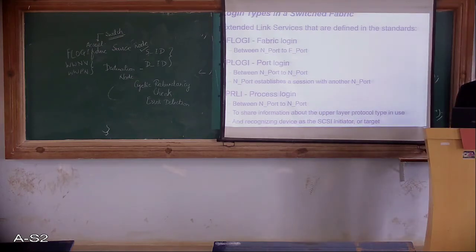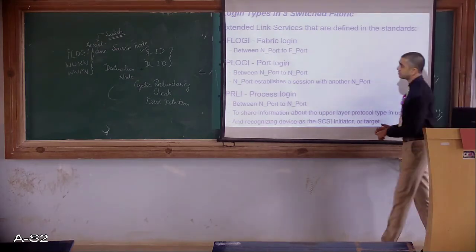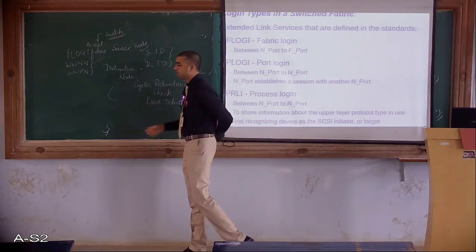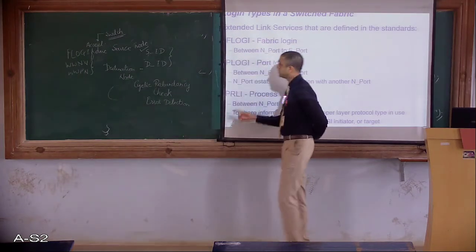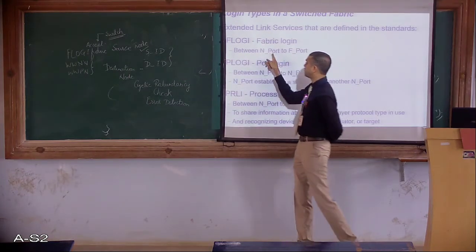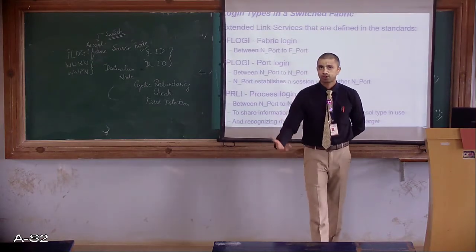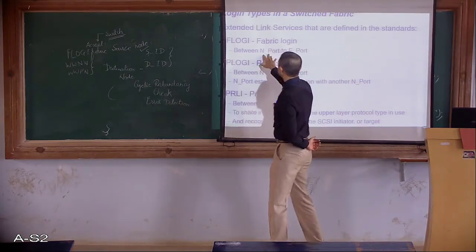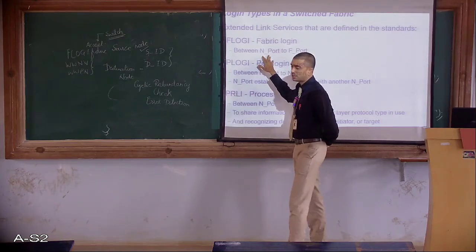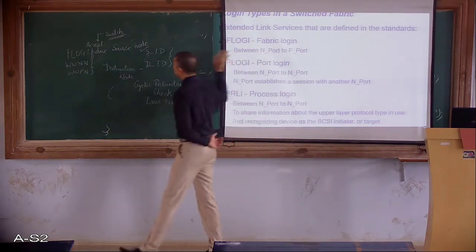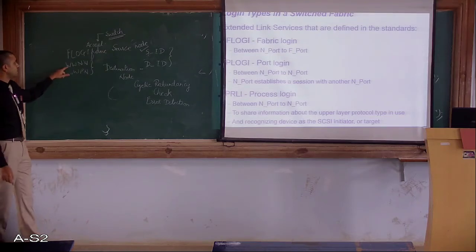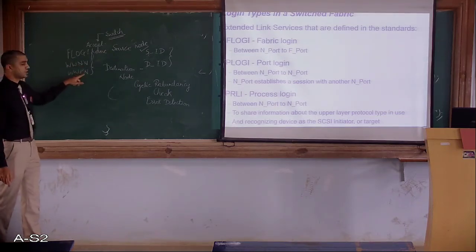Alright. Next, once this is done, then any service that is required by that node can be availed by that node. Say for example, if an N port wants to log into a certain fabric, then a unique address is assigned to it. Along with the F-log-I frame, there are two parameters which are sent: worldwide node name and worldwide port name.